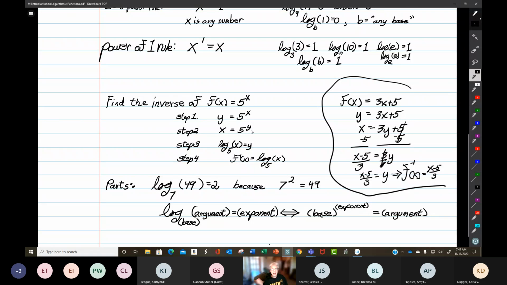And then the answer was found by accident, by someone who was working on something else. Anyway, here's step 3, where we solve for y. Y equals log base 5 of x. So the inverse function of f of x is log base 5 of x. That's what a logarithm is.